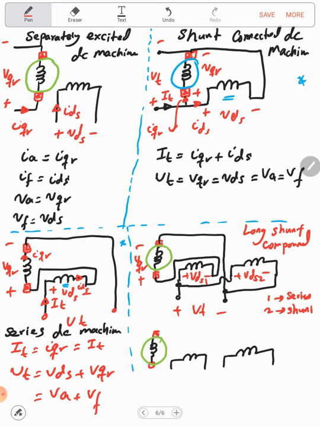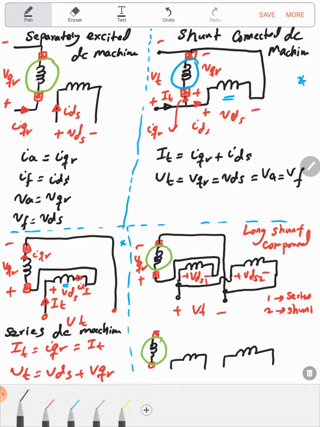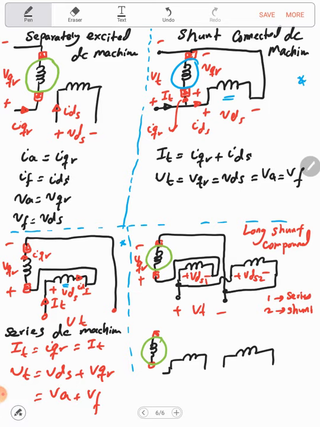Now, what about the short shunt compound? Here, the shunt is connected directly in parallel with, or shunting, only the armature. So we will have something like that.